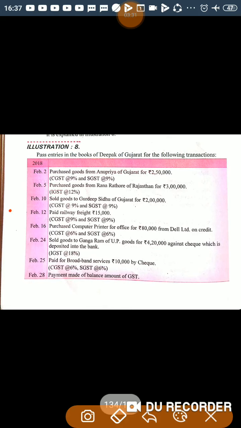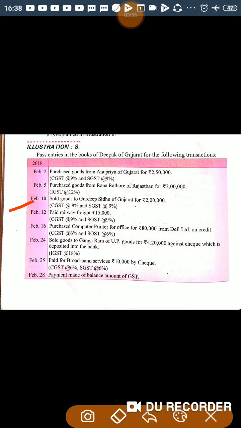Now the next transaction is February 10, sold goods to Gurdeep Sidhu of Gujarat for rupees 2 lakh. So again this transaction is within the state, and it's a credit sale because Gurdeep is not making any payment. So CGST and SGST at 9% is charged, and 4 accounts are involved.